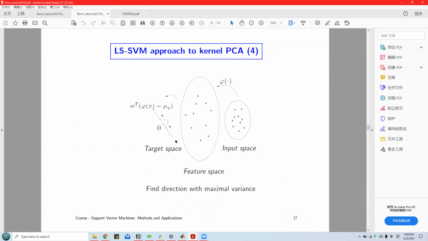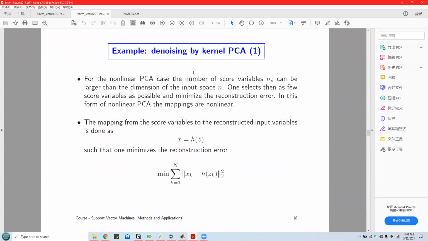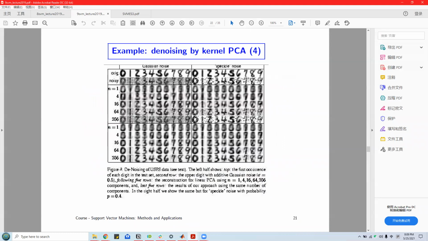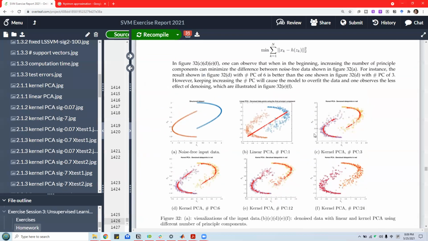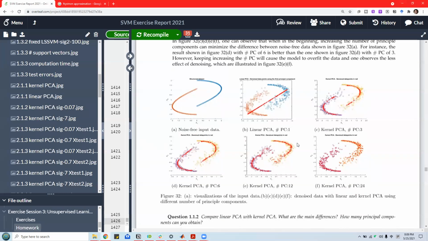You probably need to discuss what kernel PCA is doing, and when denoising, what formula you are trying to minimize, because in the end it is an optimization problem. After that, it is just an example. So you discuss what PCA is, and then what you are trying to minimize during the denoising.